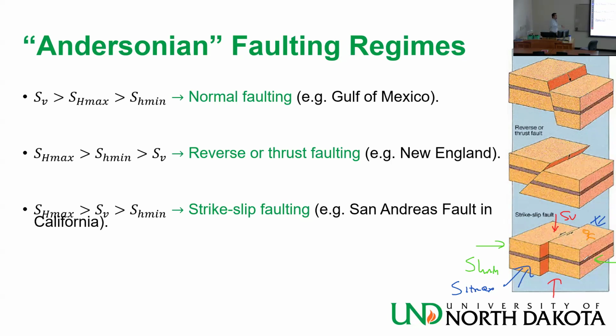Where do I see the other plate moving? It's moving to my left. Now imagine if I'm standing here. Where do I see the other plate moving? It's moving again to my left.